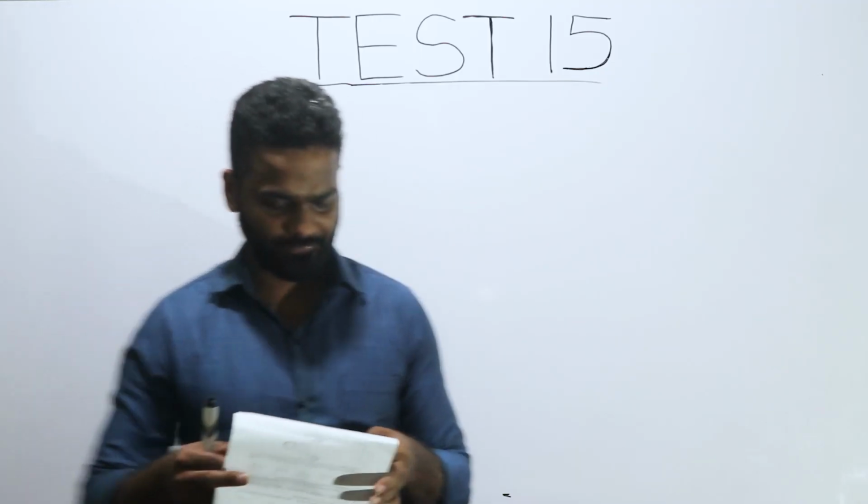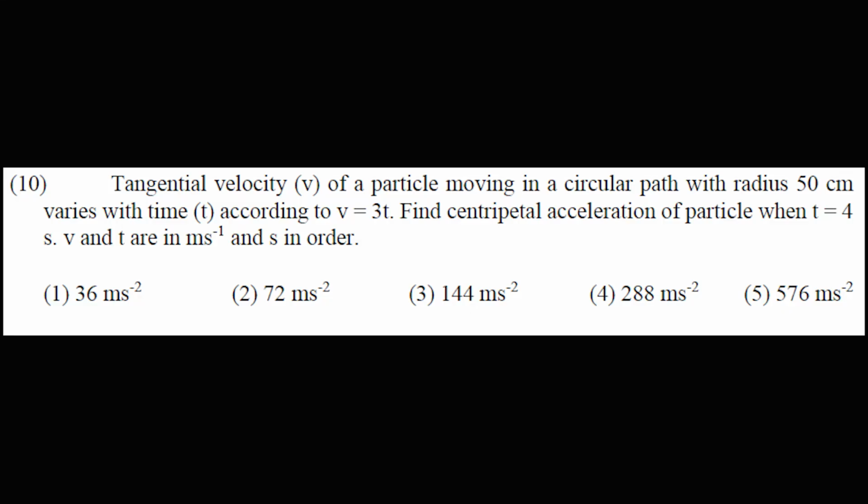Question 10. Tangential velocity of a particle moving in a circular path with radius 50 centimeters varies with time t according to v equals 3t. Find the centripetal acceleration of the particle when t equals 4 seconds. v, t in meters per second and seconds.